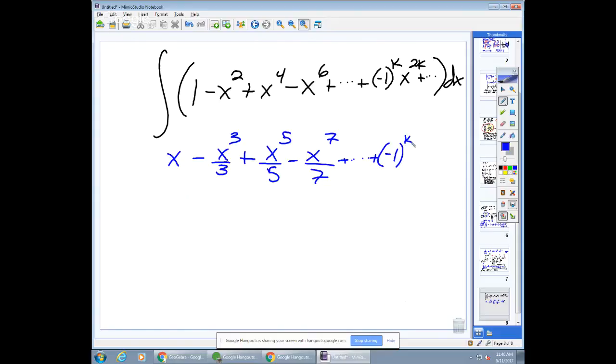And then I'm increasing 2k by 1, so that gives me x to the 2k plus 1 divided by 2k plus 1. And this thing again keeps going forever and ever. But the cool thing about knowing the summation version is that then I have a summation version for the integral. That usually works out pretty good.